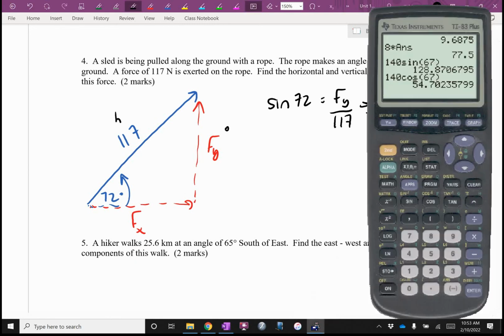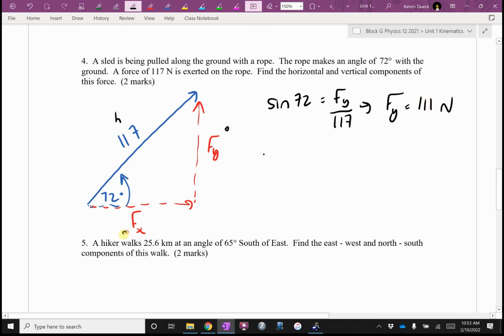So Fy ends up being, that's a typo, 117 sine 72, Mr. Dewick. You got 111.3, 111?